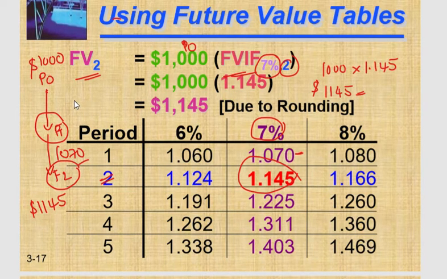How 1070? Simple. 1000 into 1.07, then it will be 1070, F1. If it is F2, 1145. Compounded 2 years at the rate of 7%, the future value will be 1145, but the present value is 1000 only.